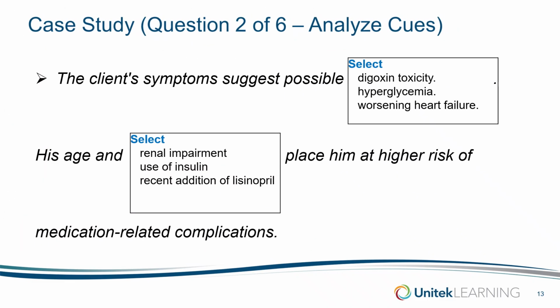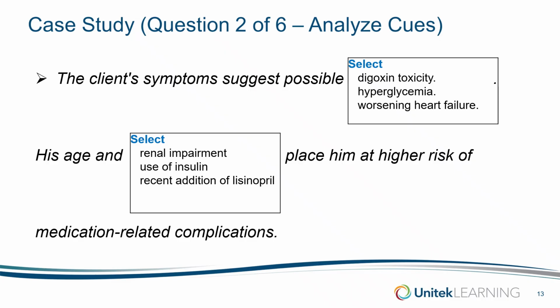The second question in our case study will have us analyzing cues. So in this question, the client's symptoms suggest several possible scenarios, and his age and another factor places him at higher risk of medication-related complications.